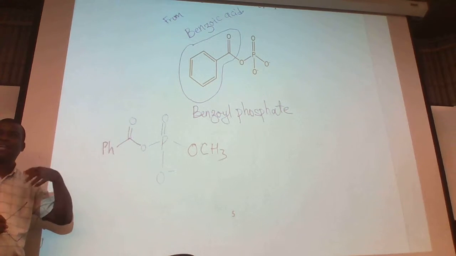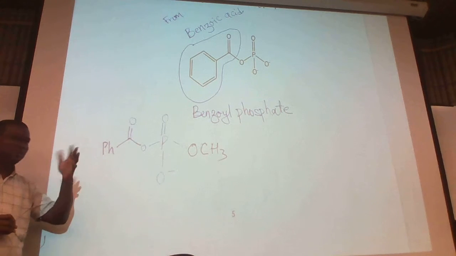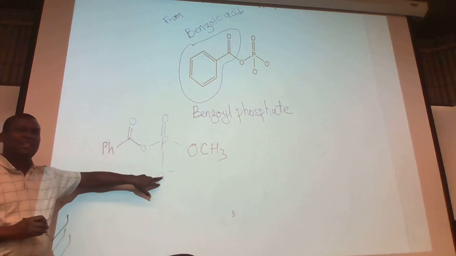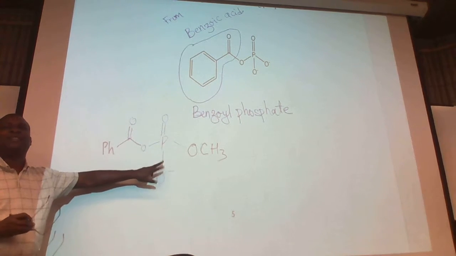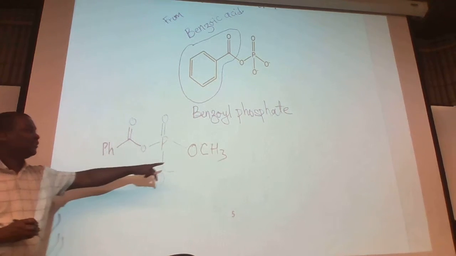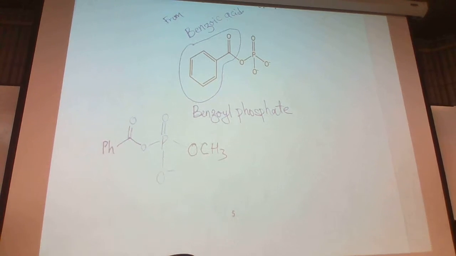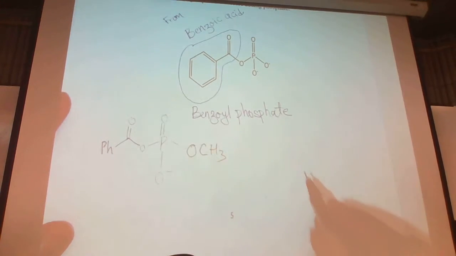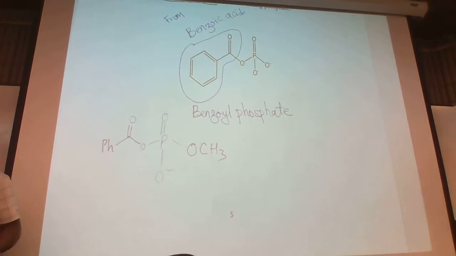You've heard about adenosine triphosphate, adenosine diphosphate, and so on and so forth, right? So you get to talk about that in biology and biochemistry. So this can be alkylated. If you throw in alkyl halide onto this, it can alkylate that, right? So if you have an alkyl group on this oxygen, the rule says you want to identify it and add that alkyl group's name after the acyl group's name before you put the phosphate.